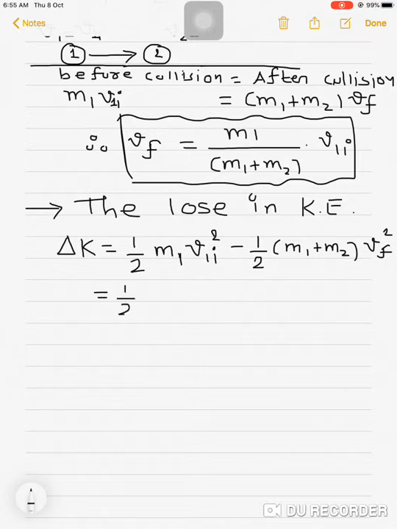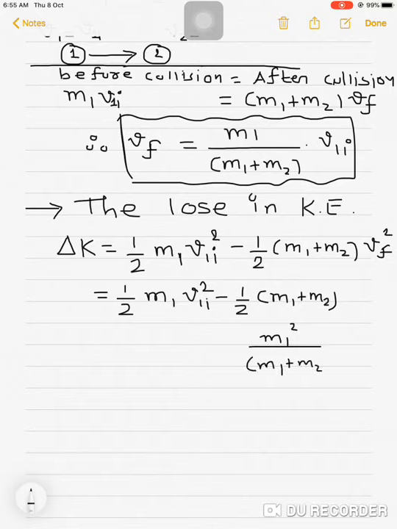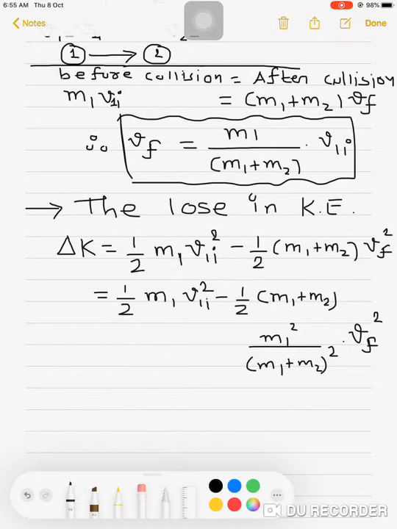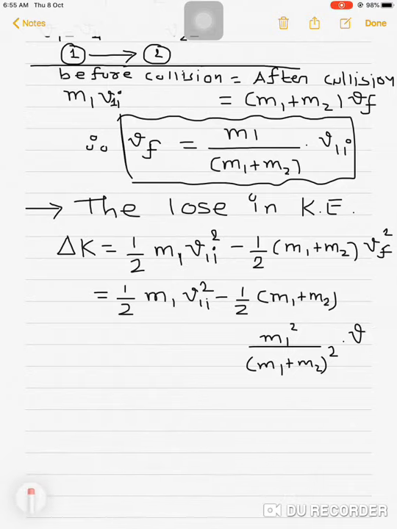Now we can replace the value of vf, so we get the equation delta K equals 1 by 2 m1 v1i square minus 1 by 2 (m1 plus m2). In place of vf square I can put m1 square over (m1 plus m2) whole square into v1i square.